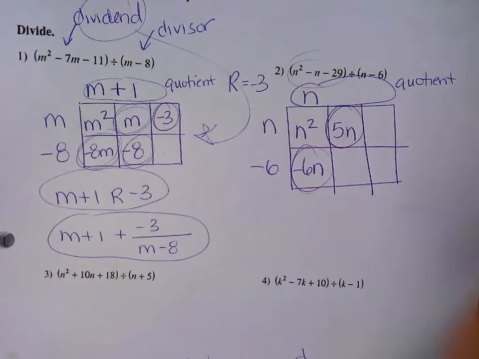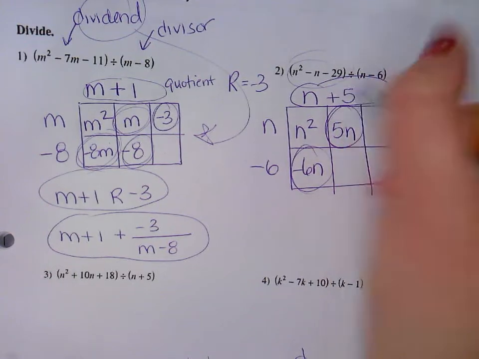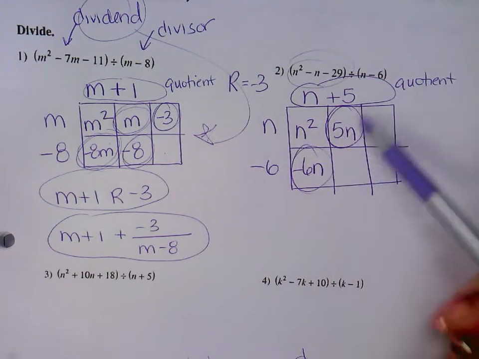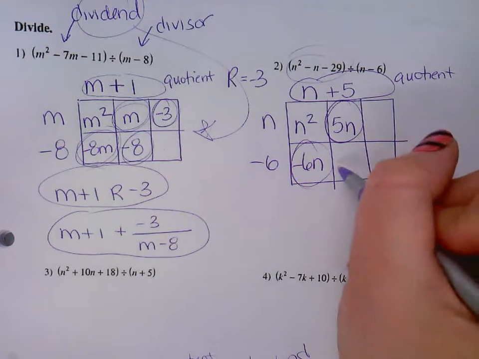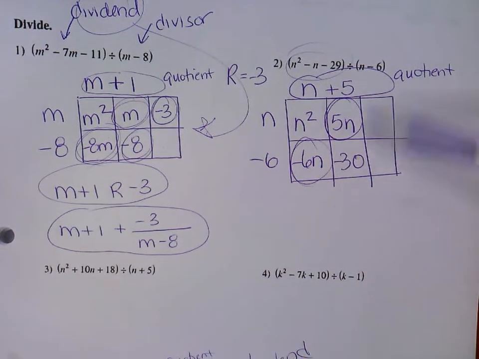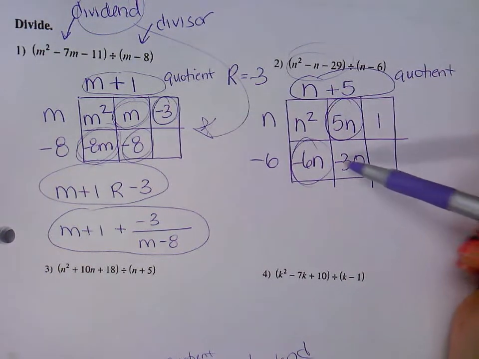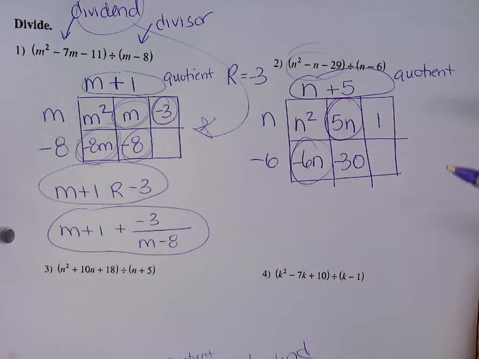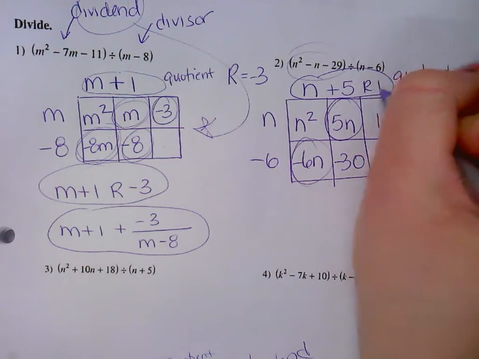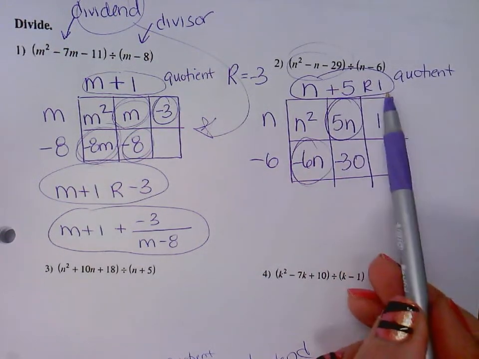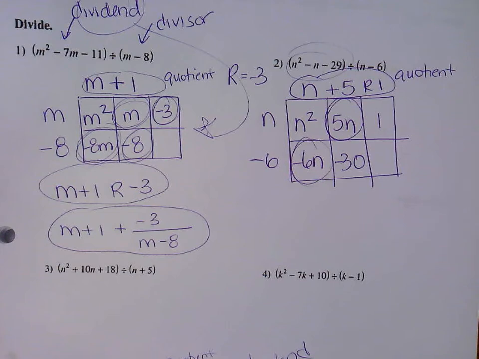So that would have to be plus 5, so that 5 times n is 5n. 5 times negative 6 is negative 30, and I look to see if that matches. It doesn't, so I have a remainder of positive 1, right? Because negative 30 plus 1 would give me negative 29. So I have n plus 5 with a remainder of 1.